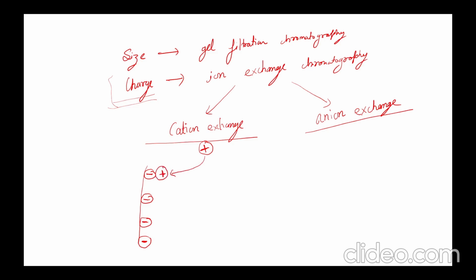As the matrix is negatively charged and your protein of interest is positively charged, it will bind to the matrix, and all the non-specific proteins, either polar or non-polar, will be removed.